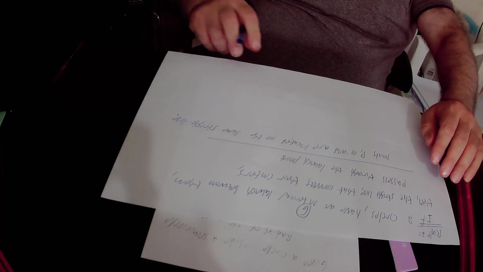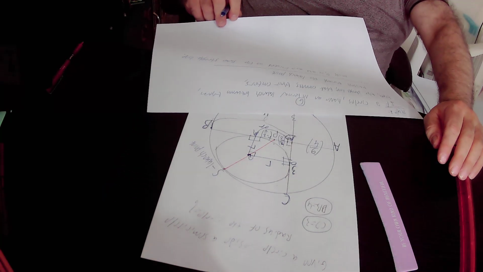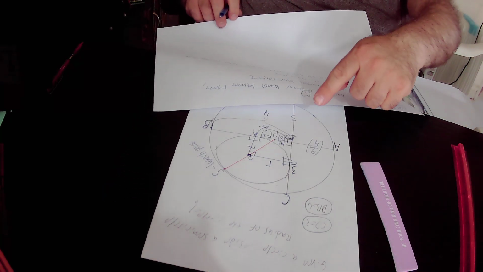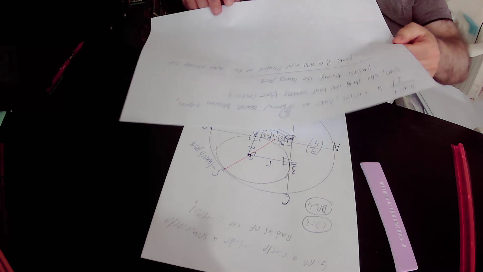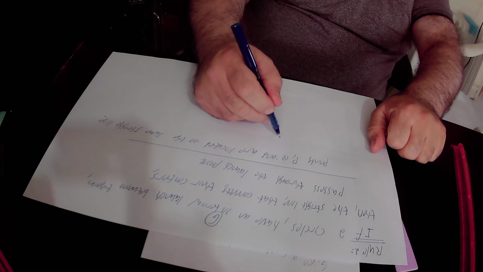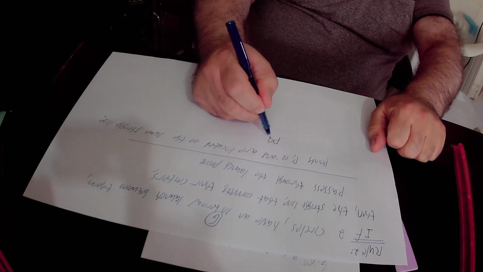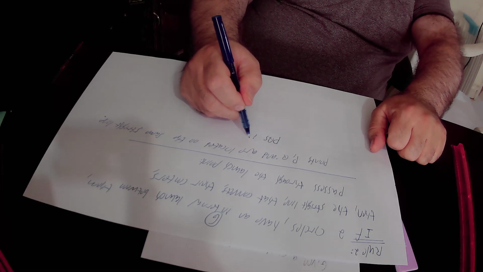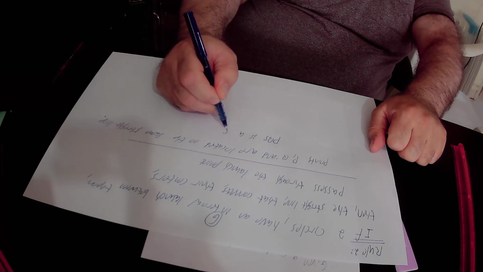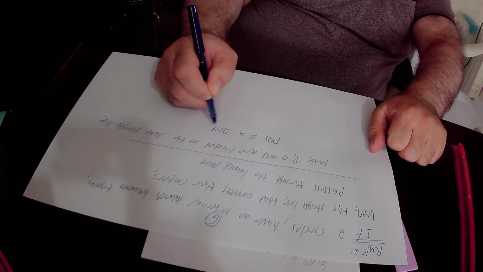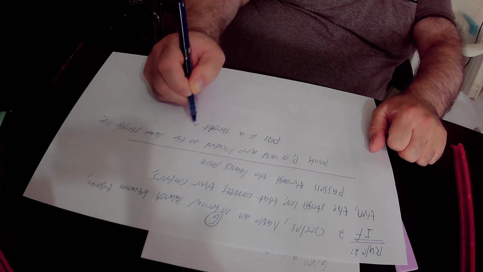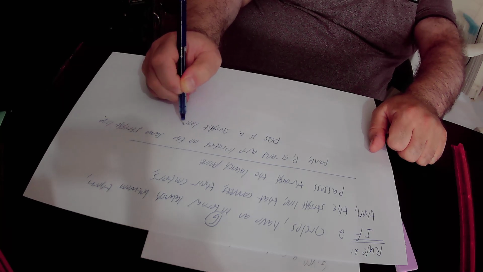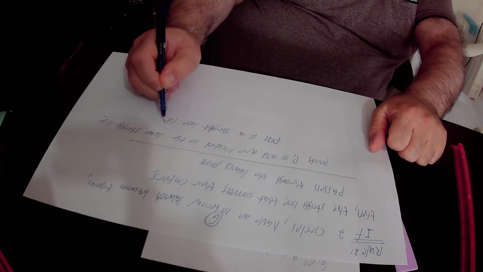Or in other words, line segment PQS is a straight line. This is true according to rule number 2, of course.